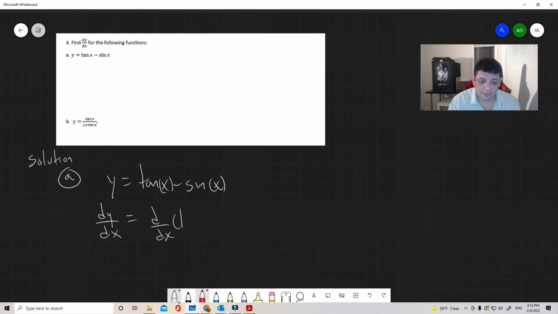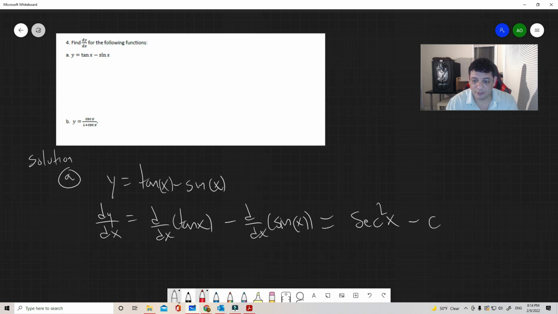We get to do the derivative of tangent of x minus the derivative of sine of x using the subtraction rule or the sum rule, and this is just going to be secant squared of x minus cosine of x. Okay, so that's the simple one.